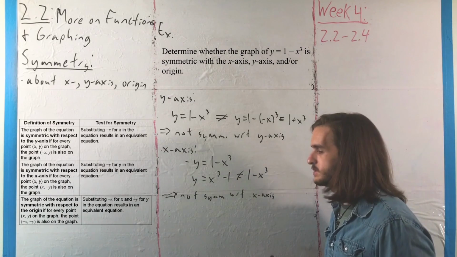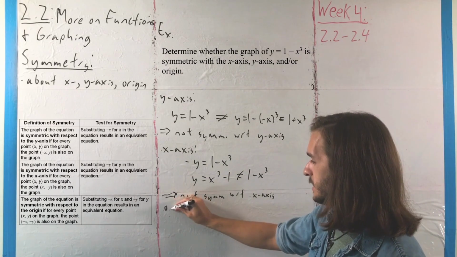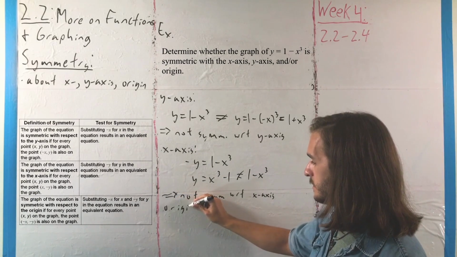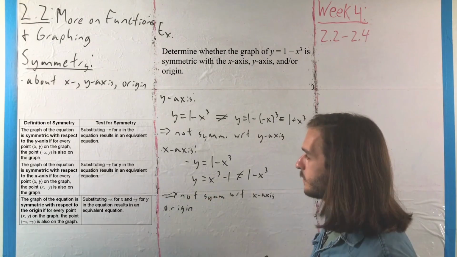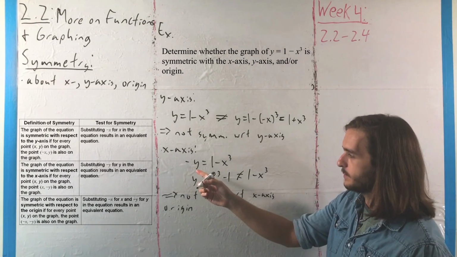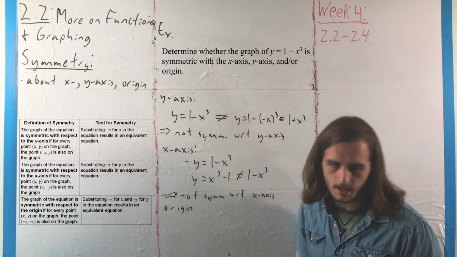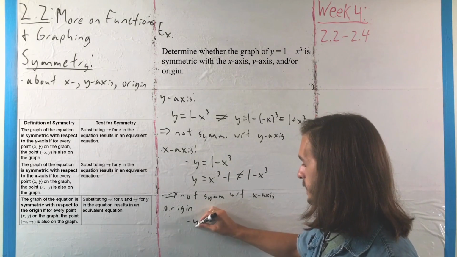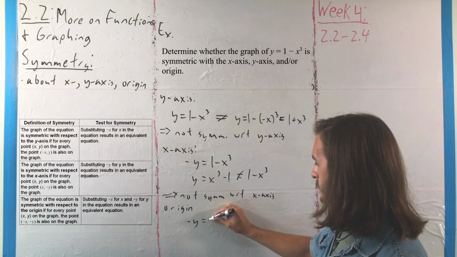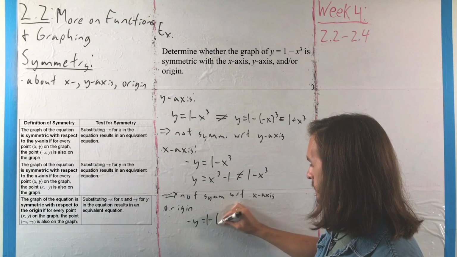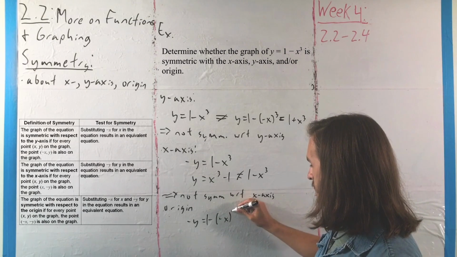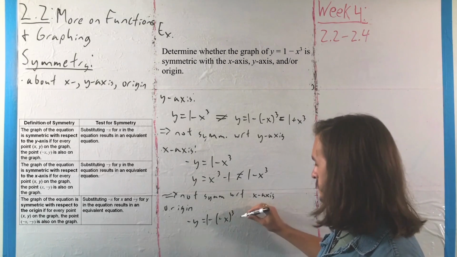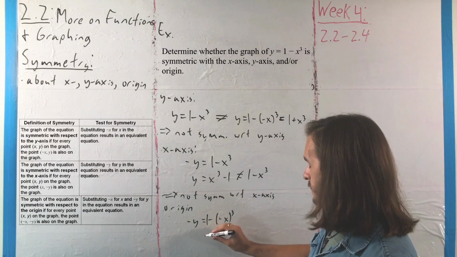So we are 0 for 2 so far, and then for our last check, we're going to see if we have symmetry with the origin, in which case we're going to replace both y and x. You can probably guess how this is going to go, but it's worth checking just to be sure. That will plug in negative y equals 1 minus negative x cubed, and you pull that through.